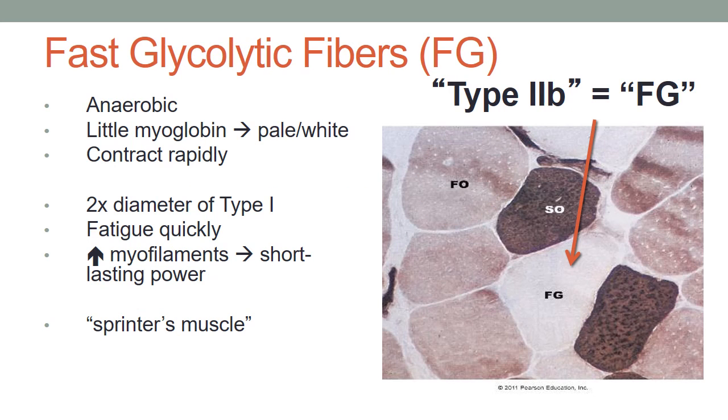Then finally, the fast glycolytic fibers here, these are anaerobic, so they're completely white because they don't have any myoglobin. They're very thick, so they have a lot of power, and they contract very rapidly. So these are the fastest muscles you have.